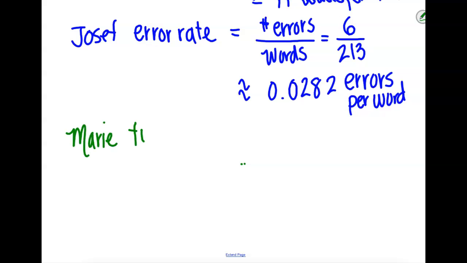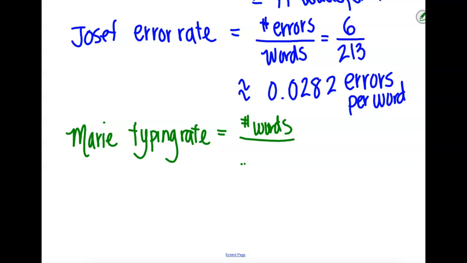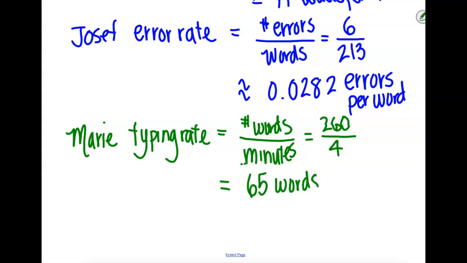Her typing rate is the number of words divided by our time in minutes. So she had 260 words divided by 4 minutes. Her rate at which she typed is 65 words per minute.